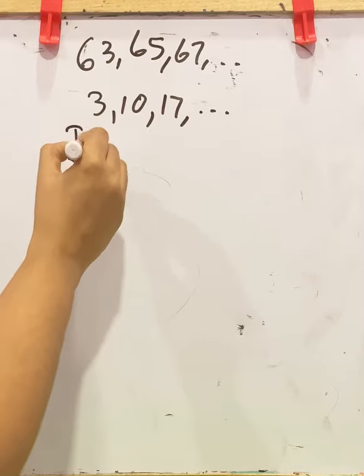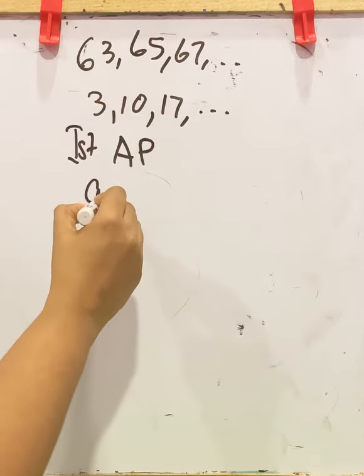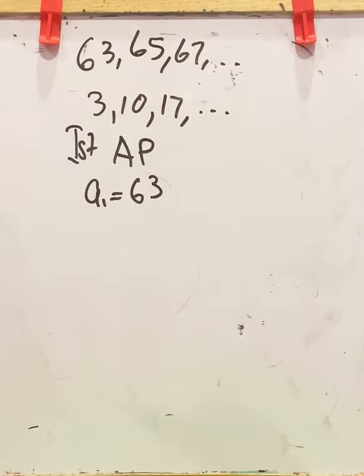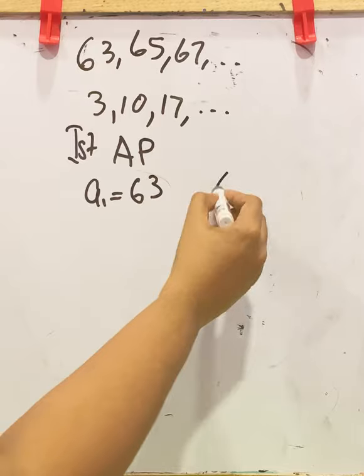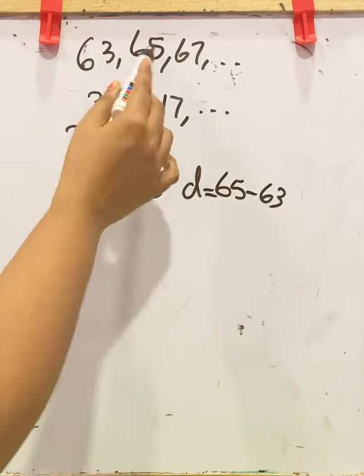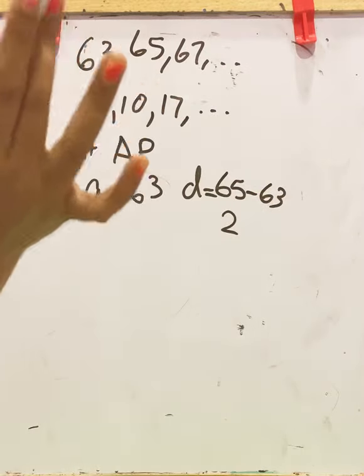Consider first AP. In that a1, that is first term, equals 63. Now we can find the common difference from this. d equals 65 minus 63, that is 2. Here we don't know the nth term.